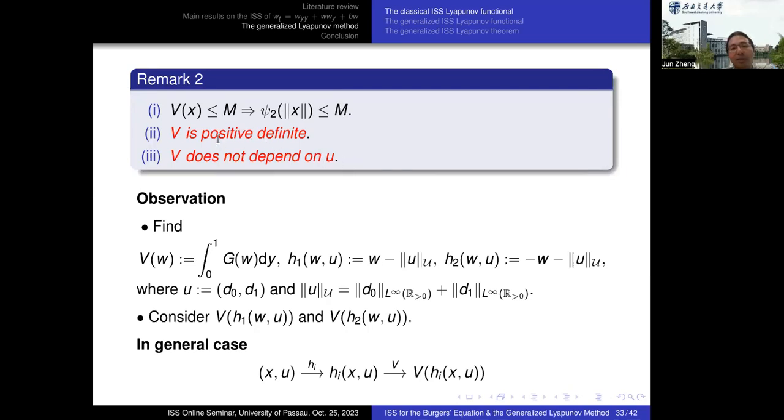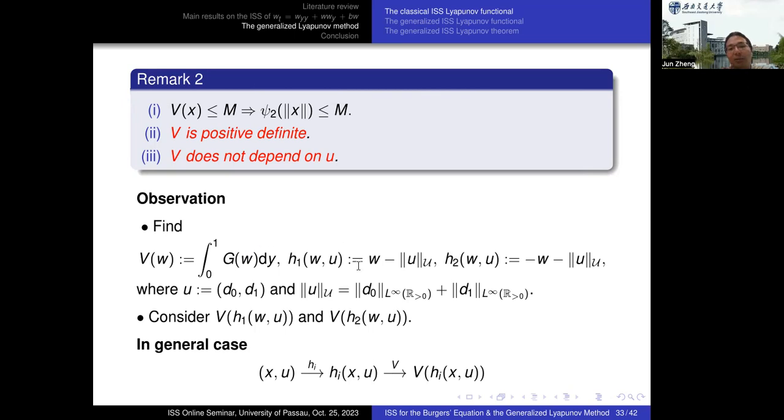In particular, these two conditions can be weakened. For example, for the Burgers equation, we can find some positive semi-definite function V given by the capital G, because G is positive semi-definite. So this functional is a positive semi-definite functional.